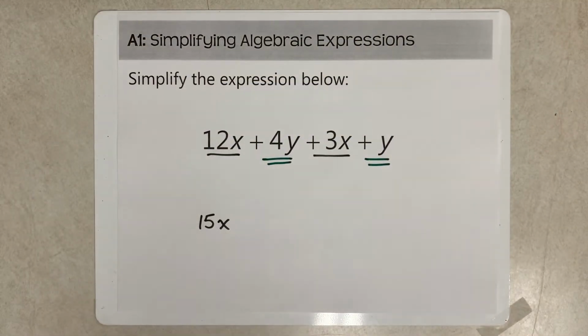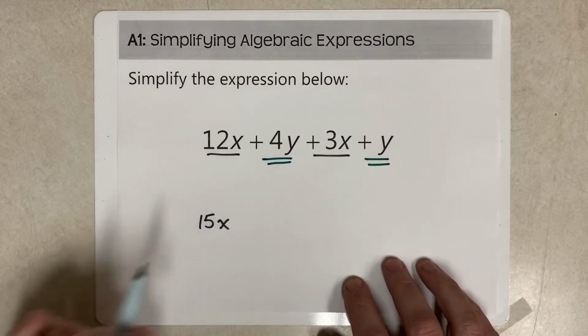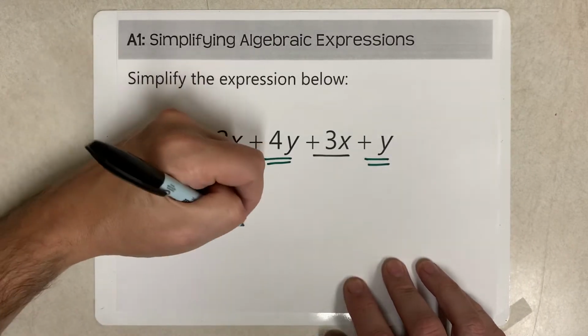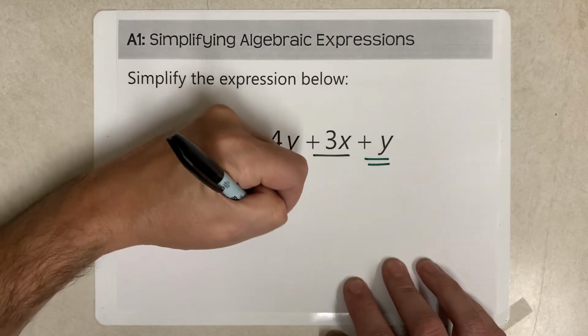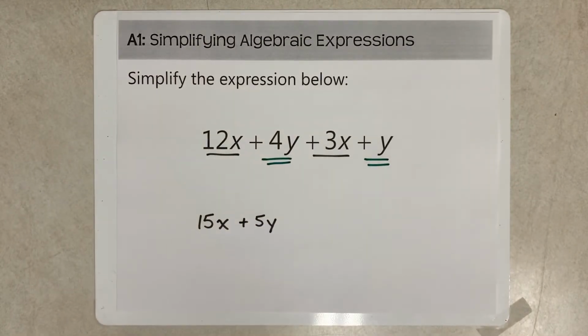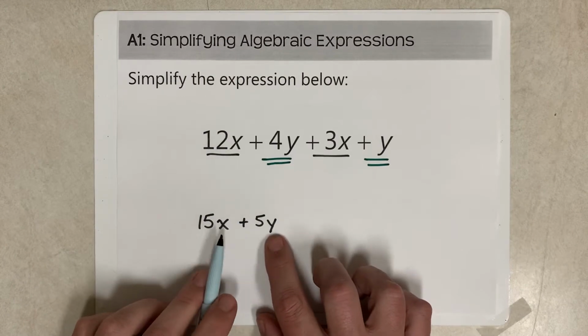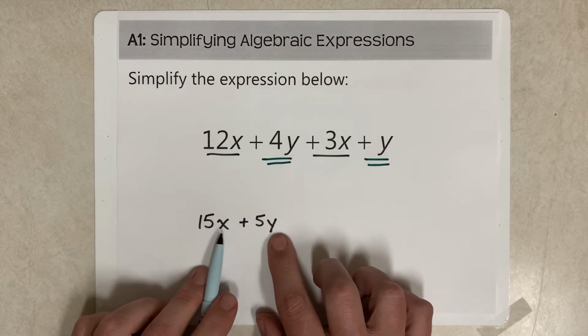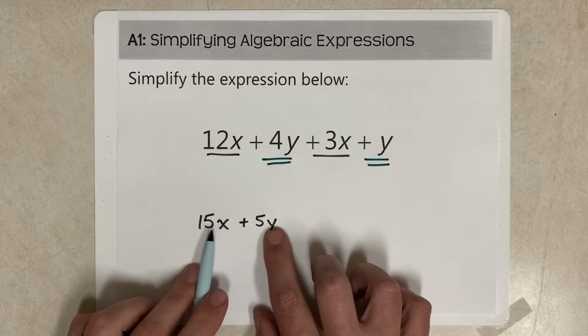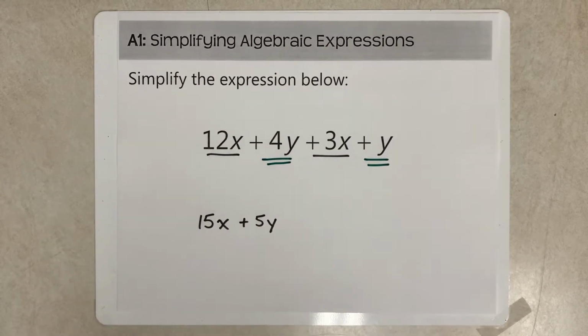If you add those together, combine them, I like the word combine better than add, 4y and another one make 5y. And then that's all you can do. You can't combine these because these two variables are not like variables, they're not the same variable. So these terms are not like terms, and you just have to leave it like that.